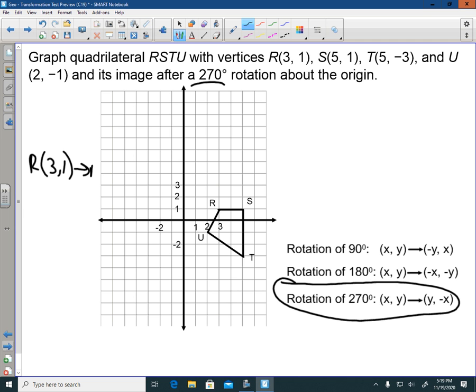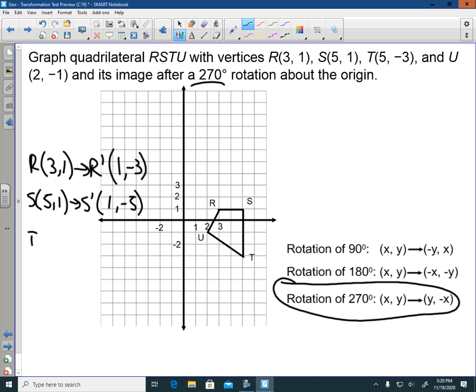And so we want R prime. We have to switch the values and turn that x value to its negative or to its opposite. And so we'd have 1, negative 3. S lives at 5, 1. So S prime must live at 1, negative 5.